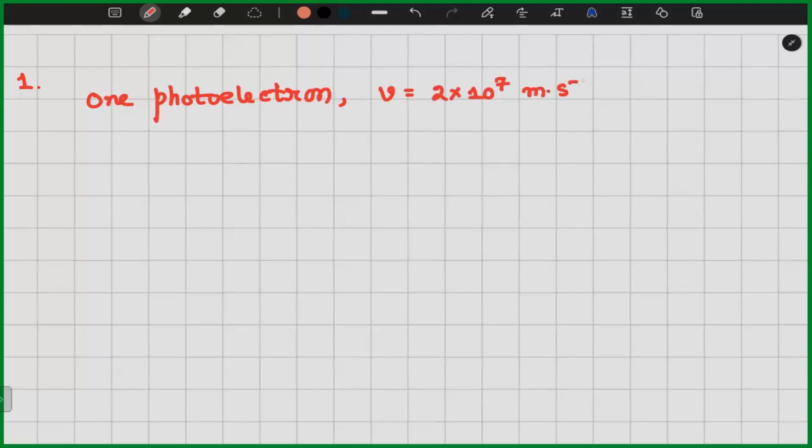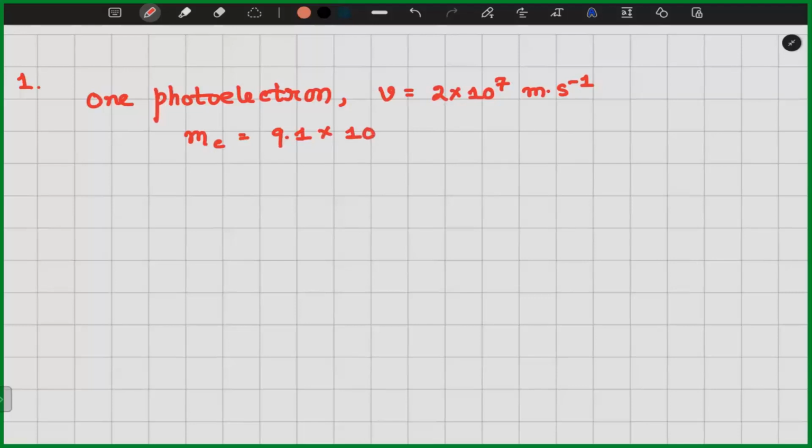Consider a photoelectron whose velocity is given as 2 into 10 to the power 7 meter second inverse, and also provided is the mass of electron, which is already known to us. It is not necessary that this mass will always be provided in numerical questions.